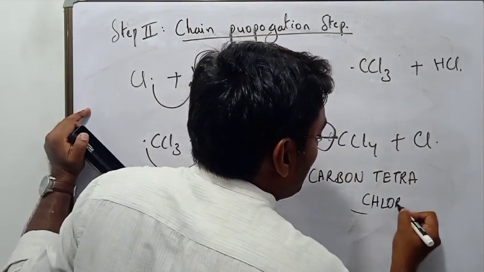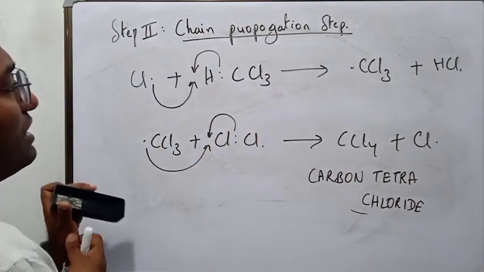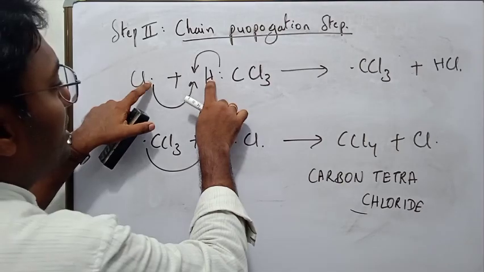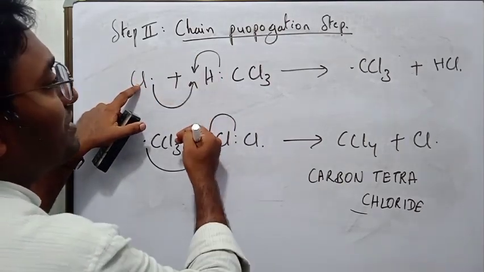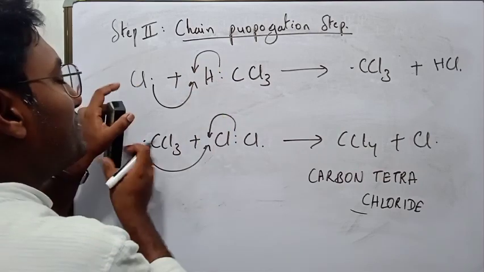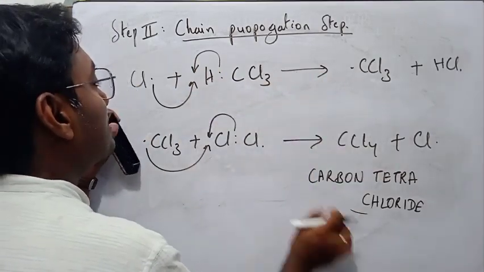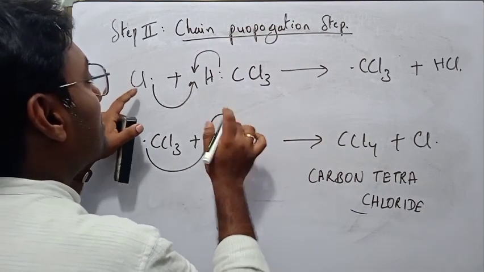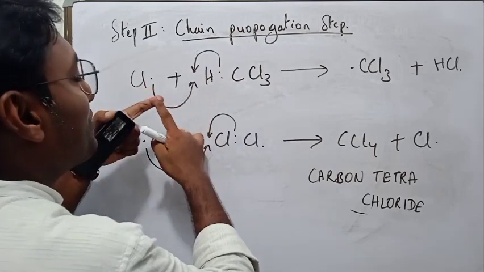What did you observe in this? The first thing that we have observed is that a hydrogen free radical has been substituted by a chlorine free radical. In whatever we have seen in chain propagation, for the formation of the 4 products, what is the common thing? Hydrogen free radical has been replaced by the chlorine free radical.